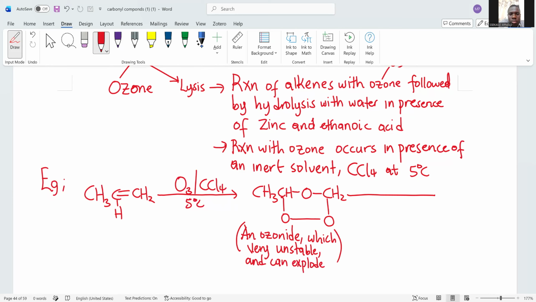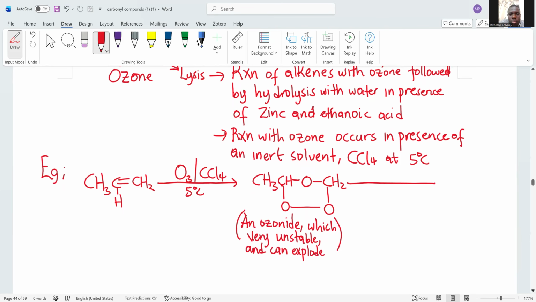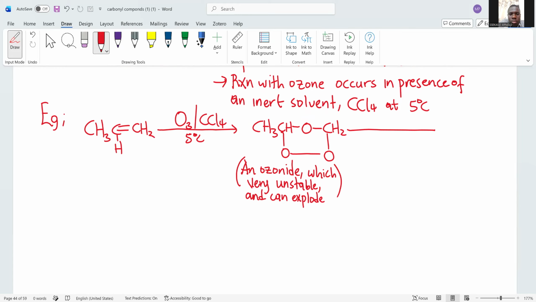That's why the reaction occurs at very low temperatures. In some books you can find that it is even below 5 degrees Celsius, due to the instability of that ozonide. And that's why you need an inert solvent, a solvent which is not reactive. Then this is hydrolyzed with water in the presence of zinc and ethanoic acid. Once it is hydrolyzed, the compound is split into two.